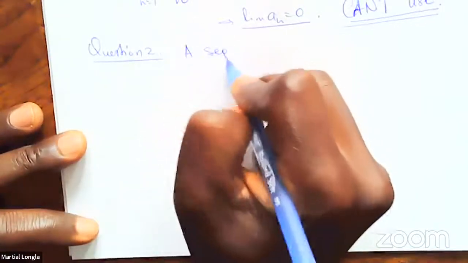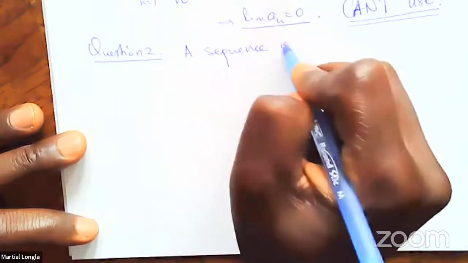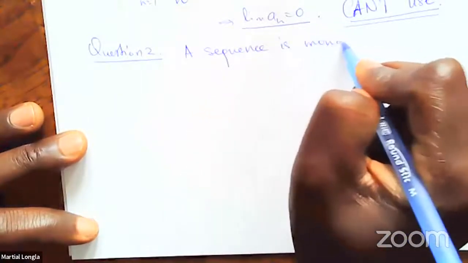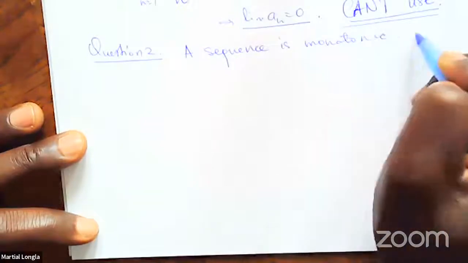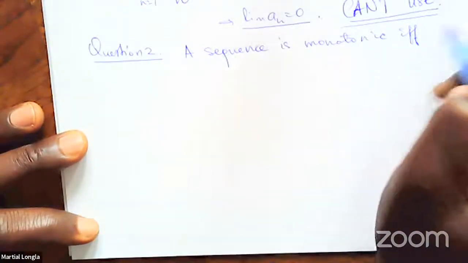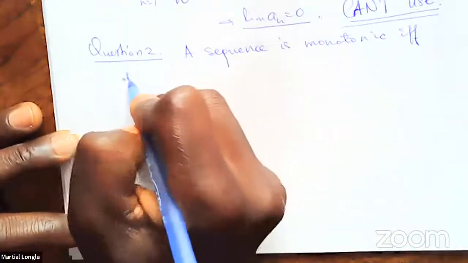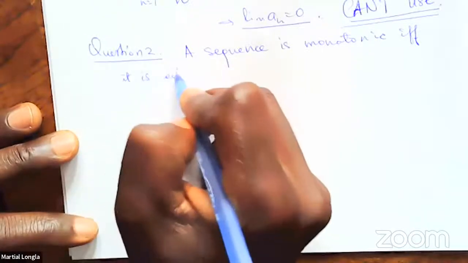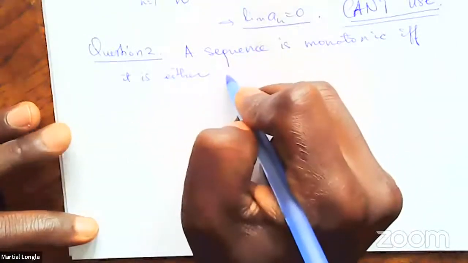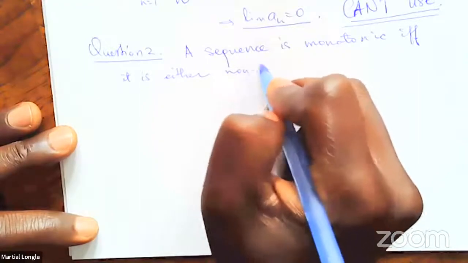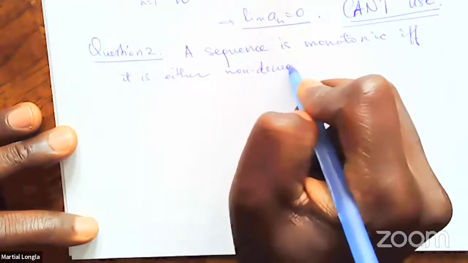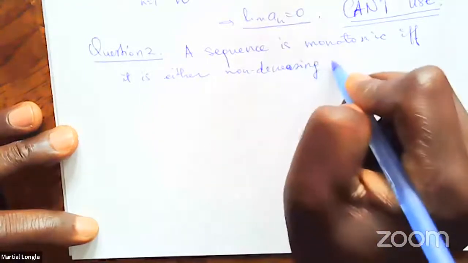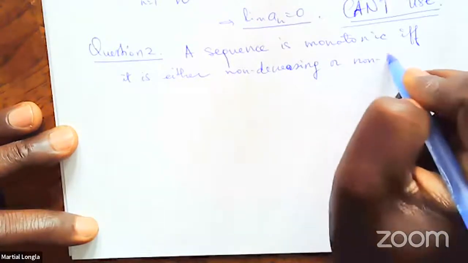So a sequence is monotonic if and only if it is either non-decreasing or non-increasing.